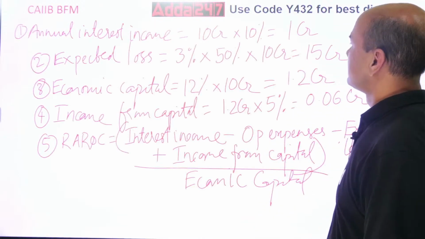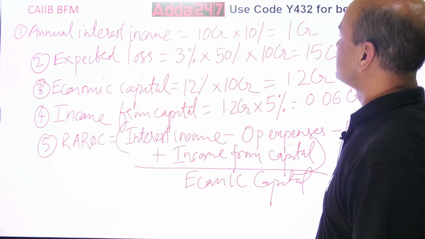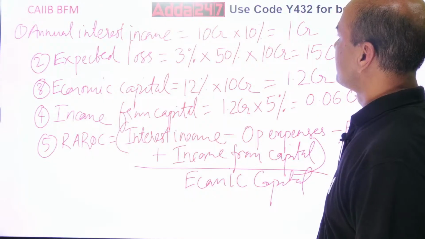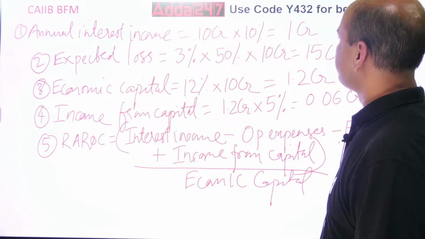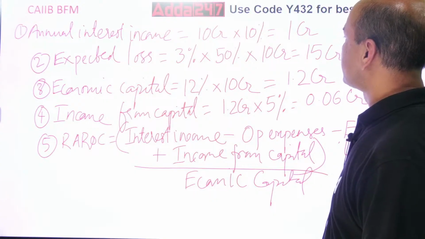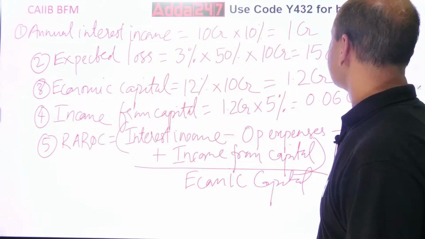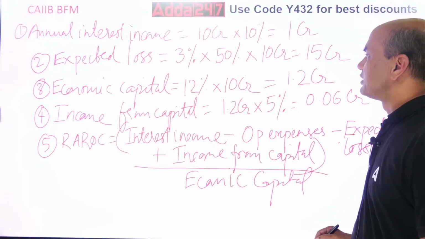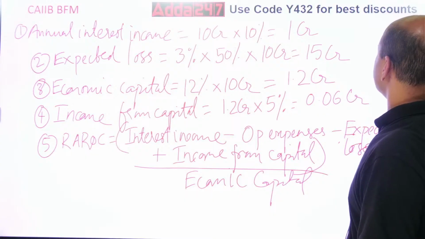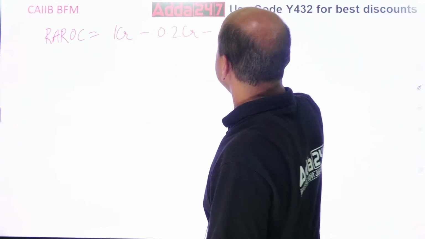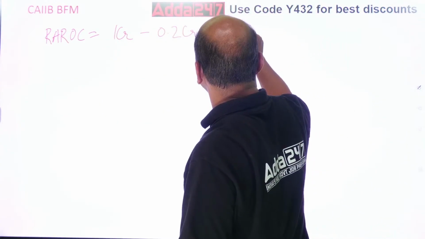Yeah, 1 CR is the interest income. Minus expected loss 15 CR, correct. So this overall project will be in a loss, 15 CR. It is huge.